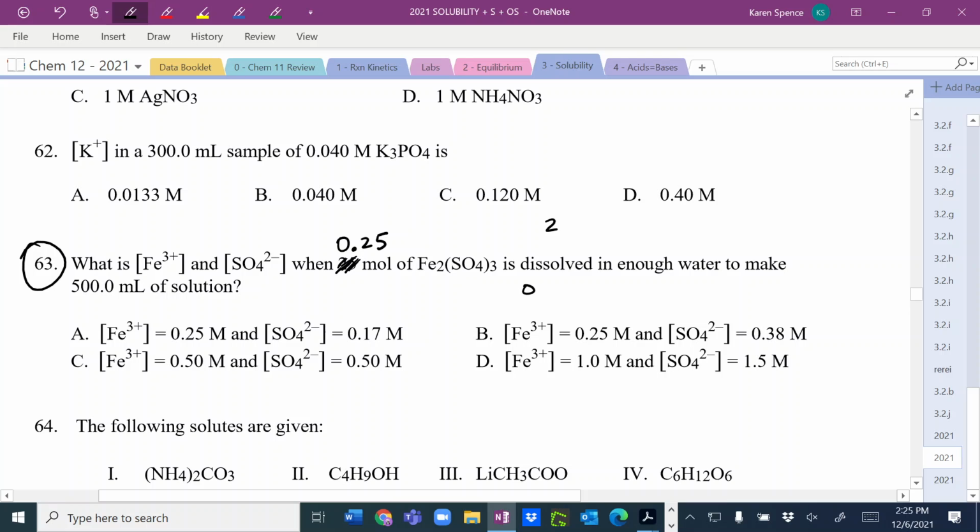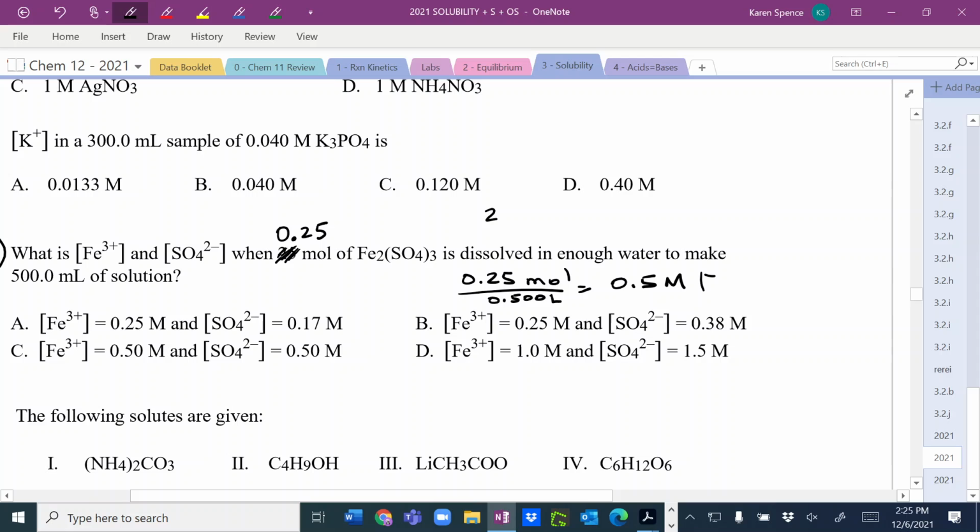So if we have 0.25 moles in 500 milliliters, or 0.5 liters, that gives us 0.5 molar, and that is Fe2(SO4)3. So if that's the case, what is the concentration of Fe?